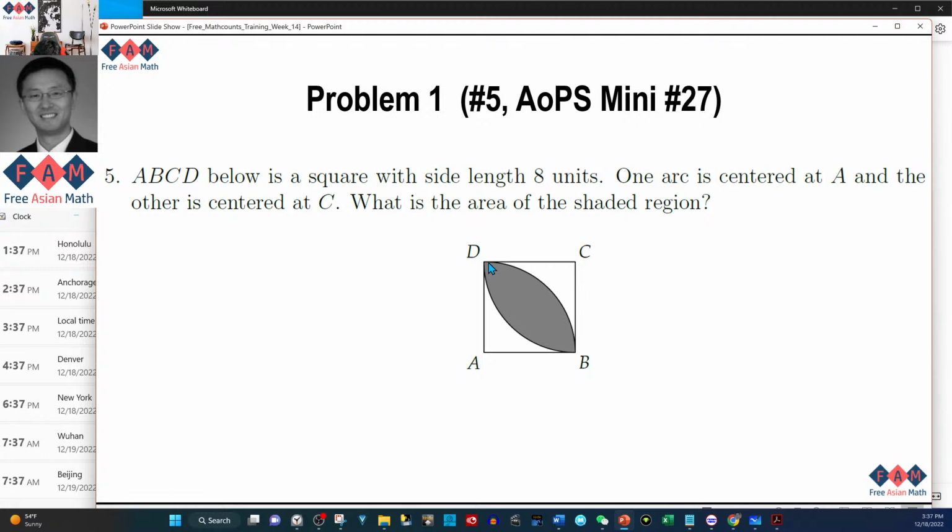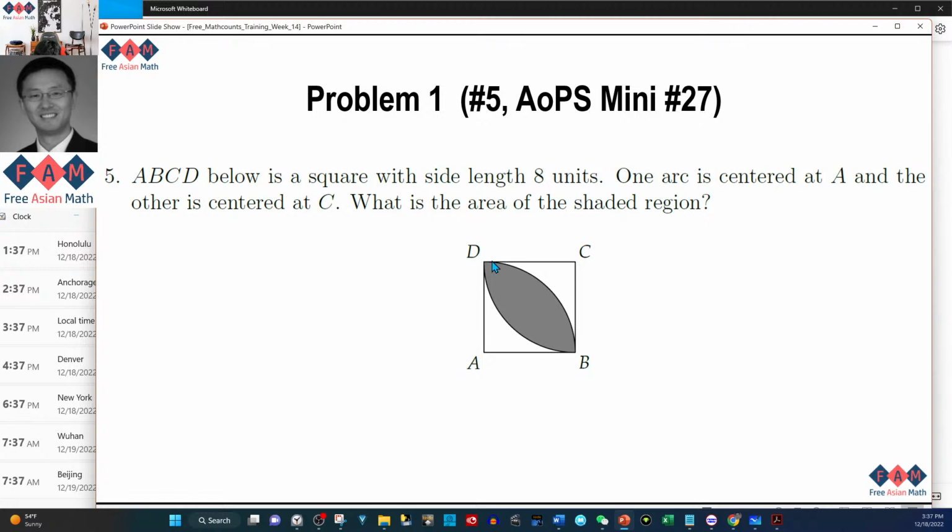So for example, for this one, DB along this curve. So DB is part of the circle that has a center at A, and one of the sides, either AD or AB, as the radius.